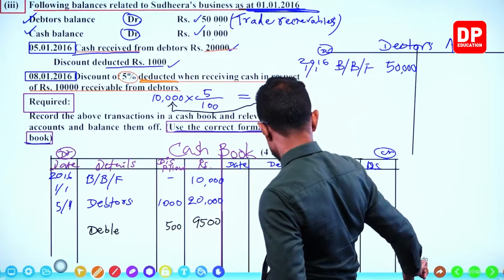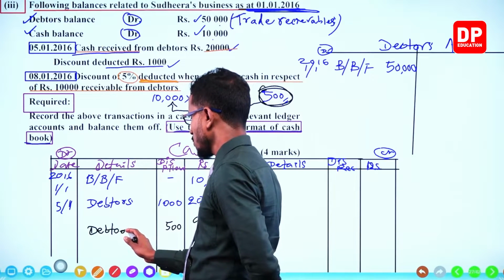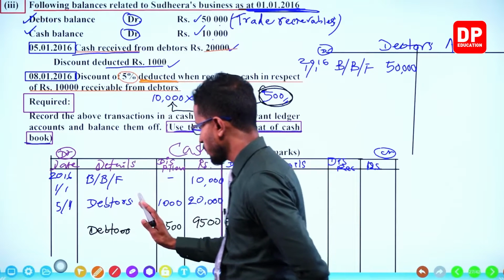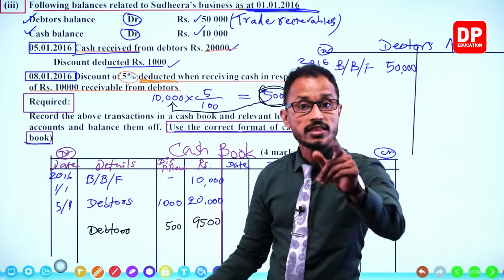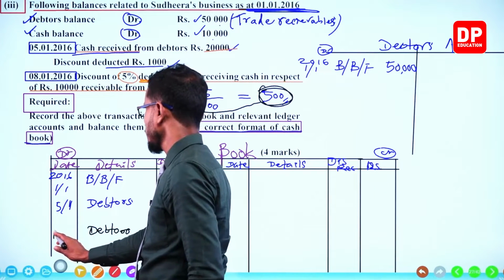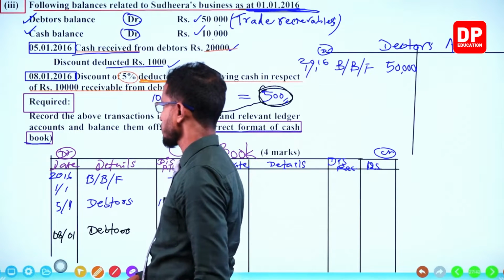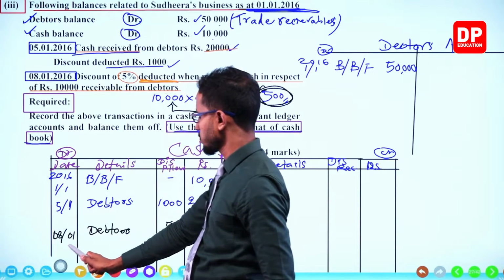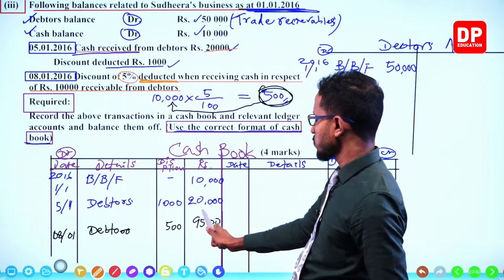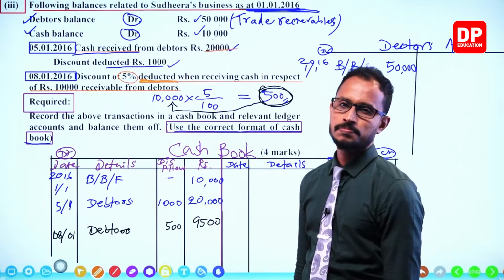You must have all this information to get the marks. Okay, don't forget the date, 8th first. Debtors, discount you recorded, and the value after deducting the discount.